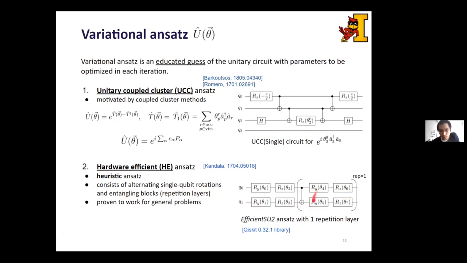And you have the single-qubit rotations here. Depending on what you need, you can use various layers of alternating single-qubit rotations and entanglements, and the form can be different in each layer. This has been proven to work for many general problems.